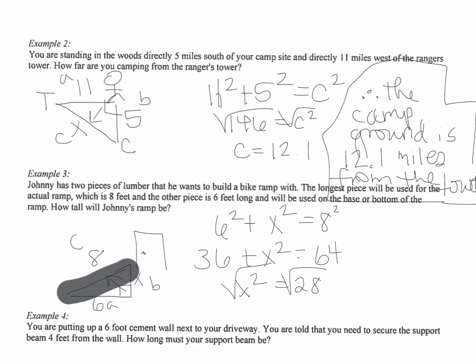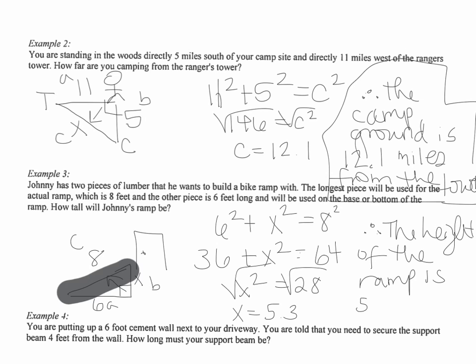Square root, square root. I get x equals 5.3. So therefore, the height of the ramp is 5.3 feet.